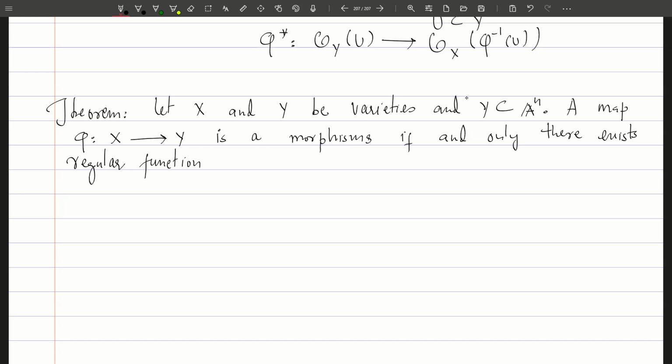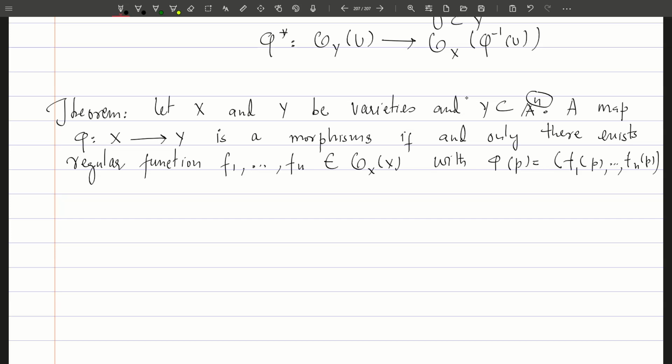f1 up to fn, depending on this n here. These are regular functions on the whole of x, with phi of p given as (f1(p), up to fn(p)).